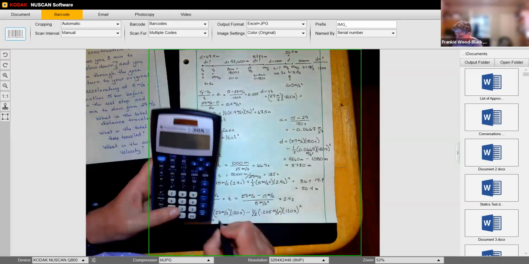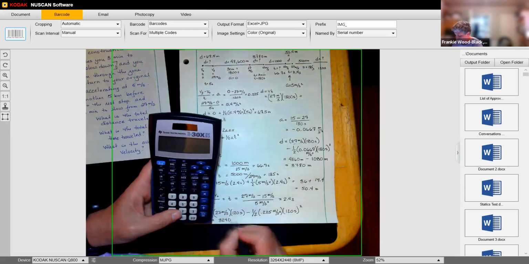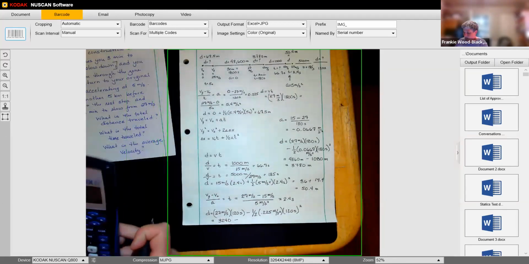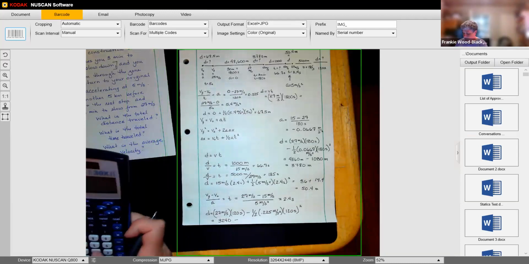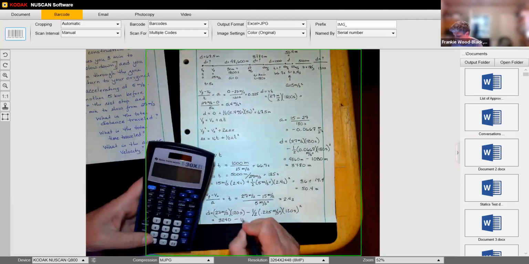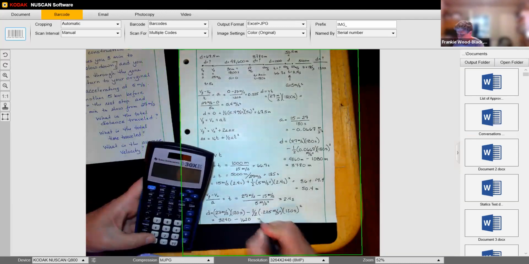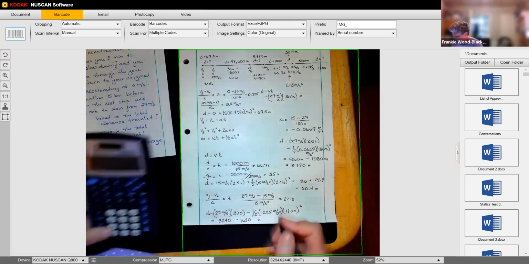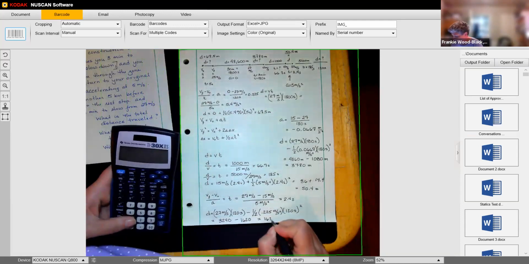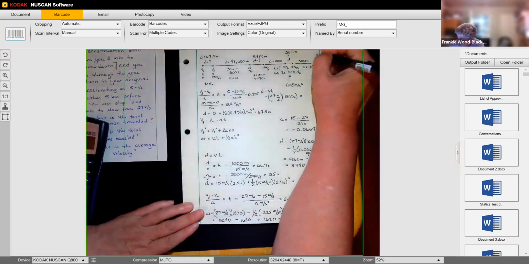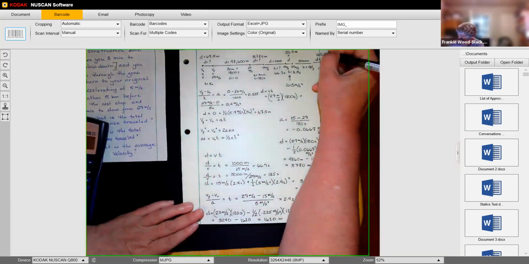This gives us 3,240 minus 1,620, which gives us 1,620 meters. So I got 1,620 meters.